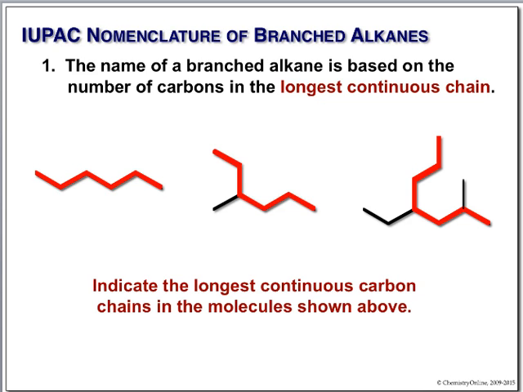This has 6 carbons, 1, 2, 3, 4, 5, 6, so it's a hexane, isn't it? 1, 2, 3, 4, 5, 6, this is a hexane with a methyl group. And this is 1, 2, 3, 4, 5, 6, 7, so it's a heptane with a methyl group and an ethyl group.